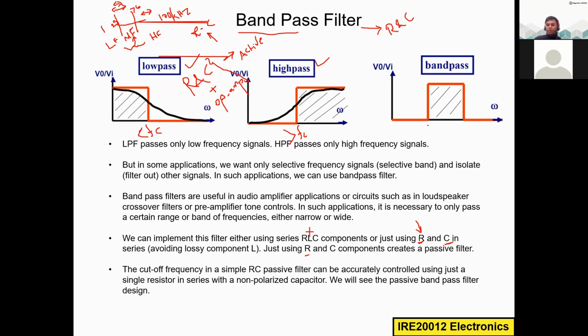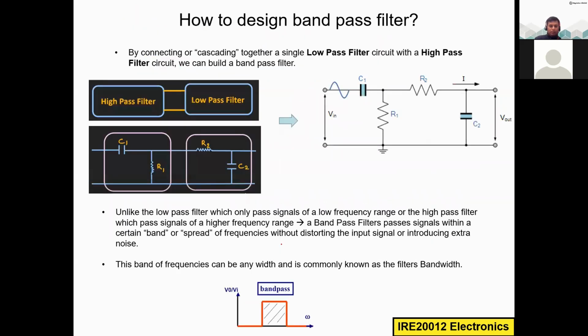In band pass filters, as you can see here, there are two cutoff frequencies, F1 and F2, because it's in the middle range. It needs to start somewhere and end somewhere in the middle of the frequencies. The cutoff frequency in a simple RC passive filter can be accurately controlled using just a single resistor in series with a non-polarized capacitor. We will see how to design the circuit for band pass filter now.